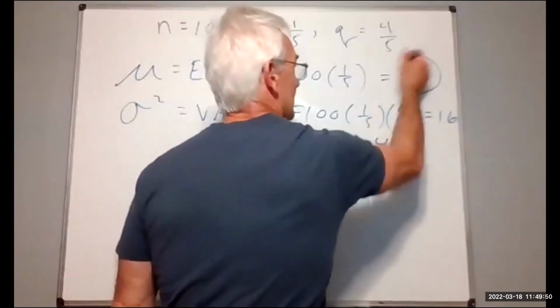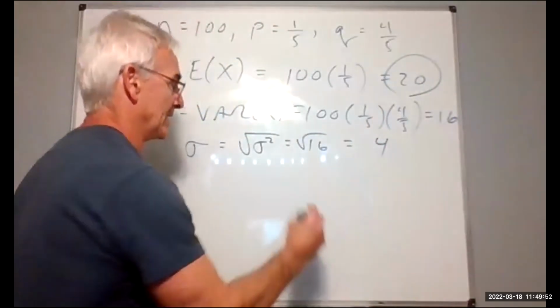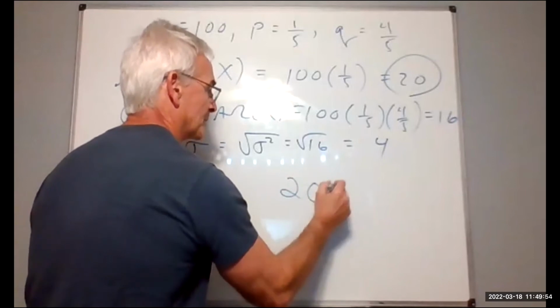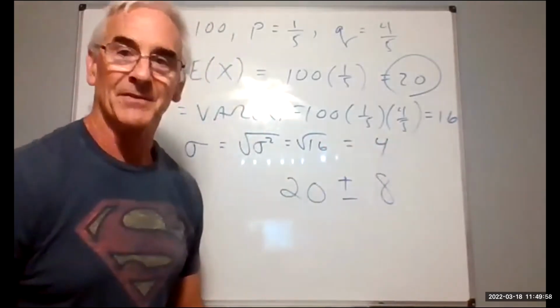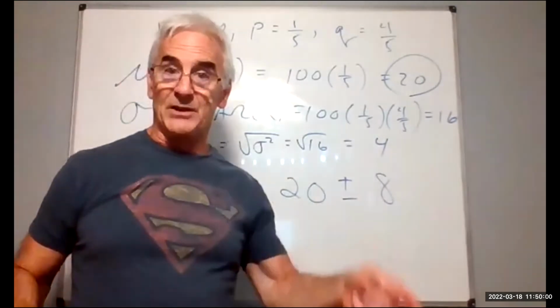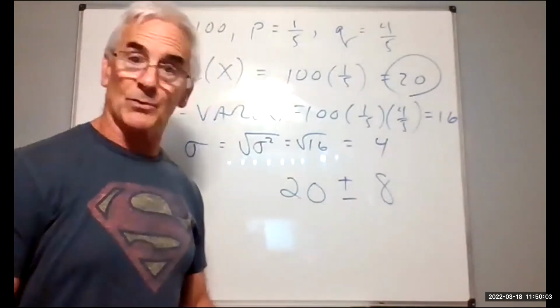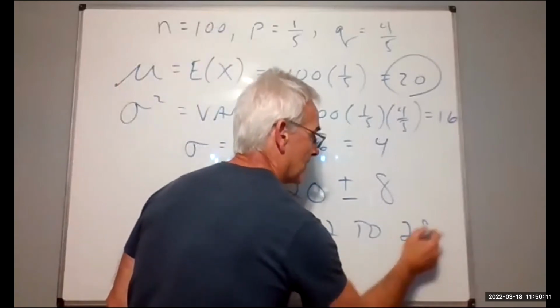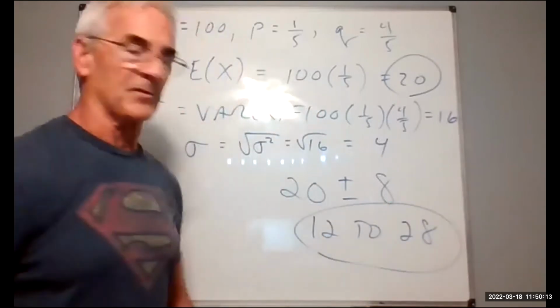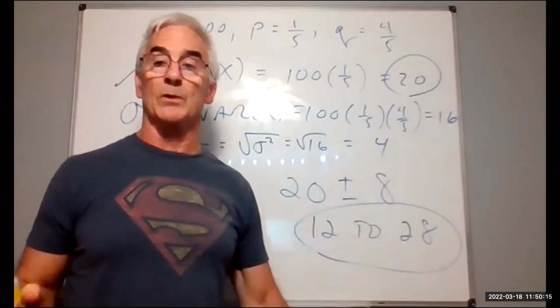The mean was 20. So the range rule of thumb says 20 plus or minus 8. So 20 minus 8 would be 12. 20 plus 8 is 28. The reasonable range is anything from 12 to 28.